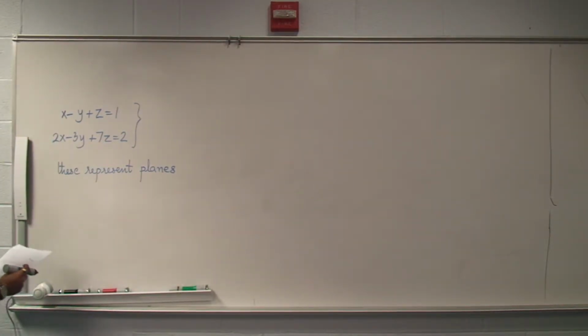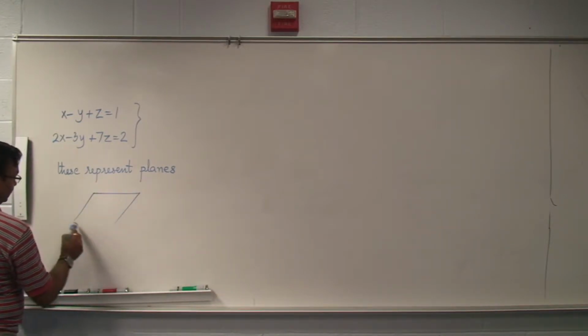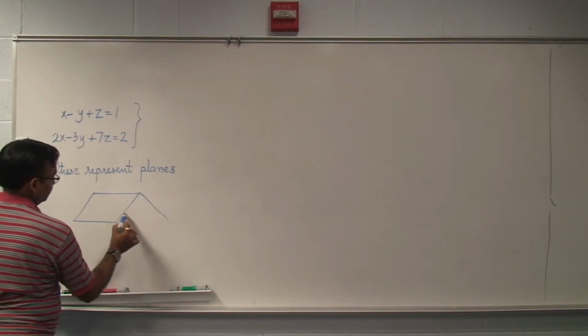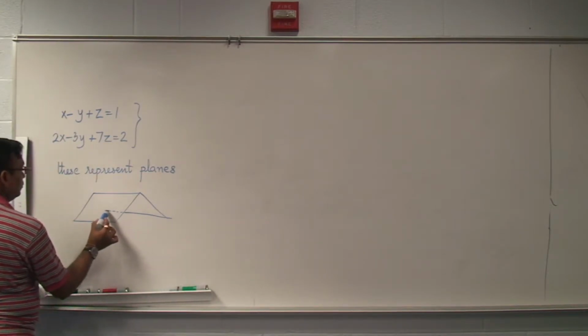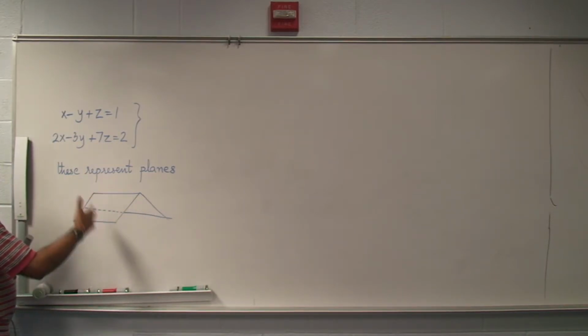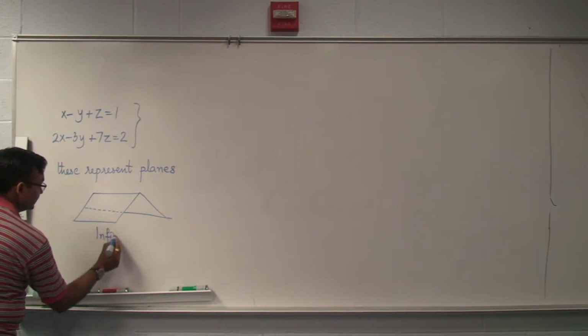Now, the same kind of thing we can ask ourselves if we are given 2 planes. Suppose I give you 2 planes, one of them looks like this, and another one looks like this. As you can see, 2 planes may intersect at a line. When 2 planes intersect at a line, there are infinitely many points which are common to those 2 planes. So this could be a scenario for infinitely many solutions.